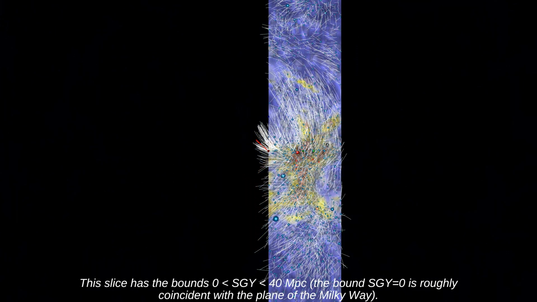This slice has the bounds 0 less than SGY less than 40 megaparsec. The bound SGY equals 0 is roughly coincident with the plane of the Milky Way.